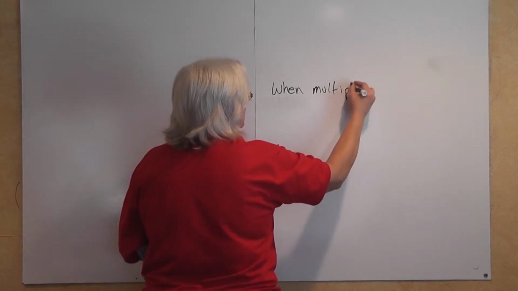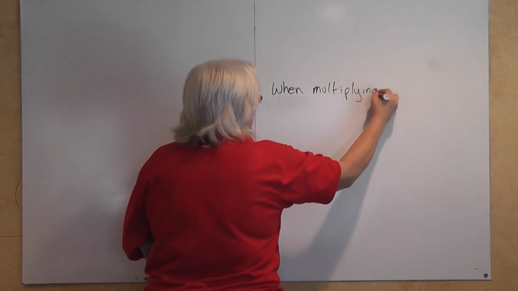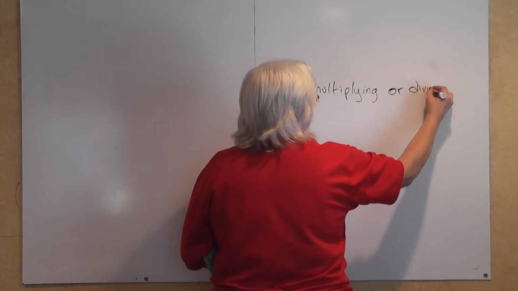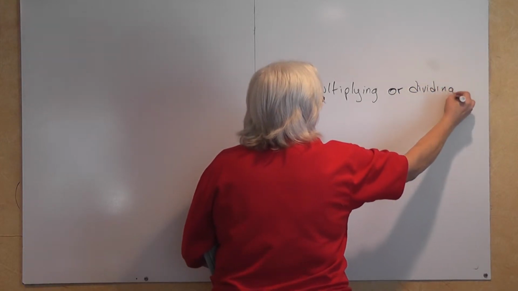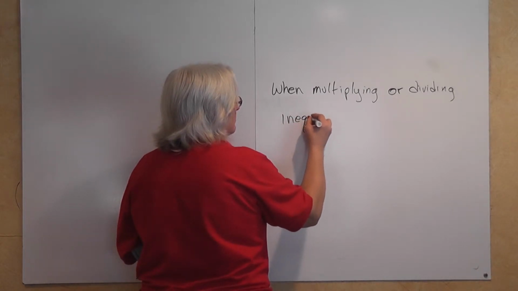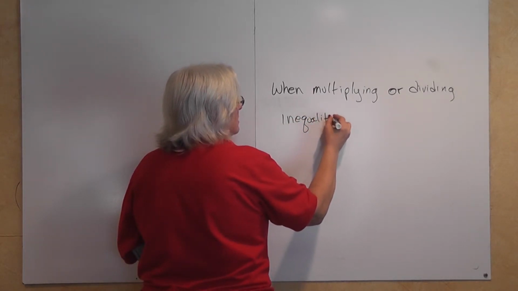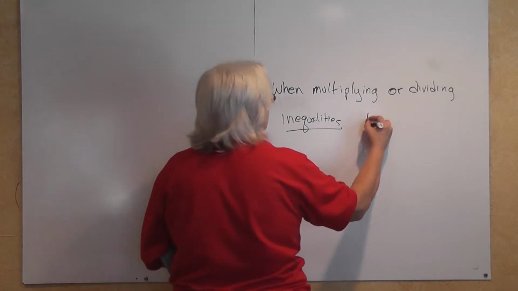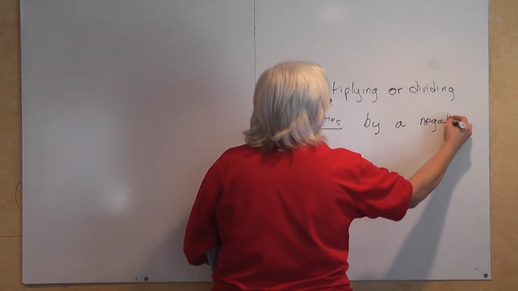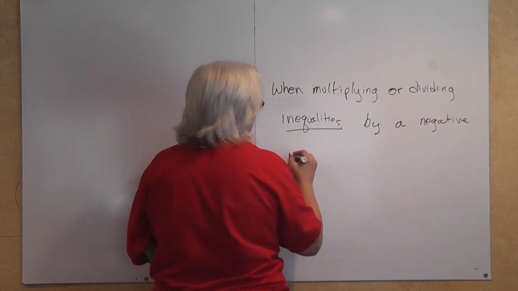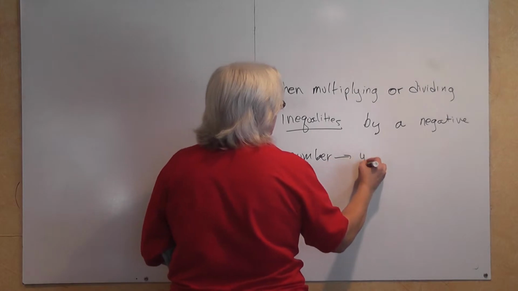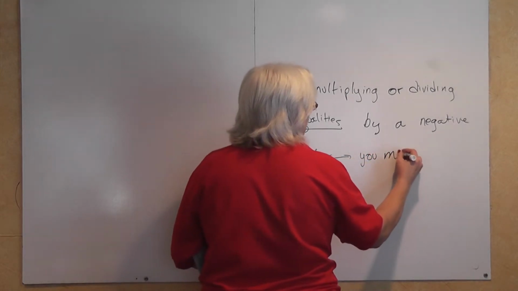So write this in your notes and learn it. When multiplying or dividing inequalities by a negative number, you're going to need to reverse the direction of the inequality symbol.